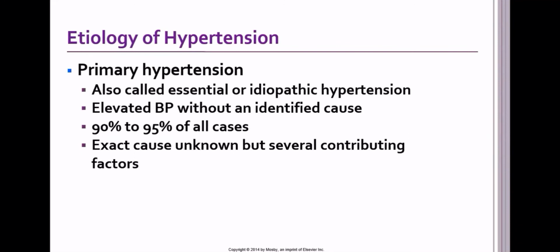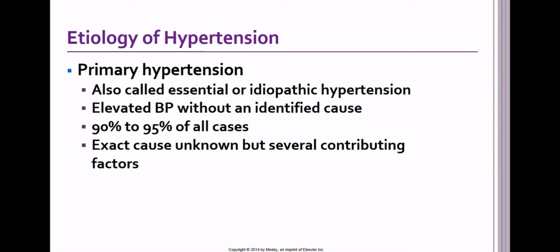So etiology of hypertension. So primary hypertension, also known as idiopathic, essential. This is when it is elevated without an identified cause, and it accounts for 90 to 95% of all cases. Although the exact cause of primary hypertension is unknown, there are several contributing factors.